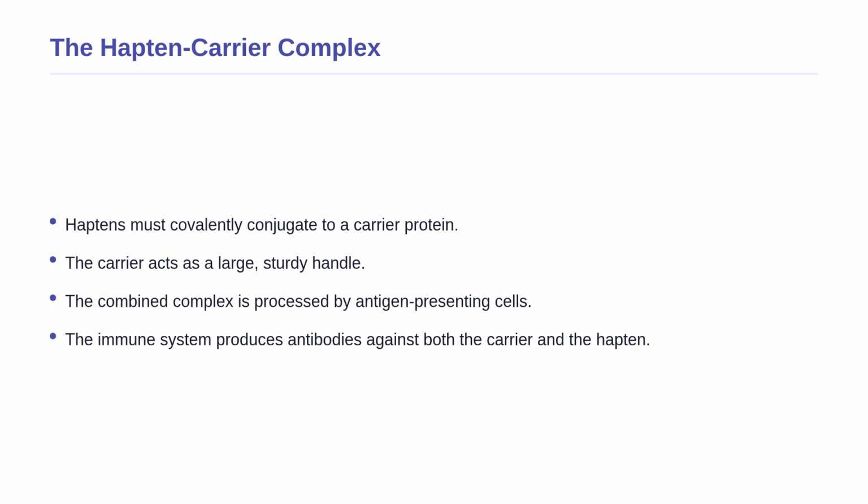Once attached, the combined hapten carrier conjugate is large enough to be processed by antigen-presenting cells and recognized by T cells. The immune system wakes up and produces antibodies not only against the large carrier protein, but also specifically against the tiny hapten molecule itself.